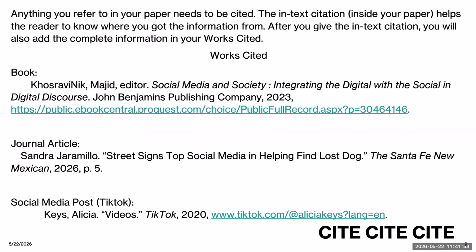Anything you refer to in your paper, anything that is not your own unique thoughts, needs to be cited. The in-text citation helps the reader know where you got the information from, and the Works Cited page gives enough information so that the reader can follow up and read the information for themselves if they wanted to.